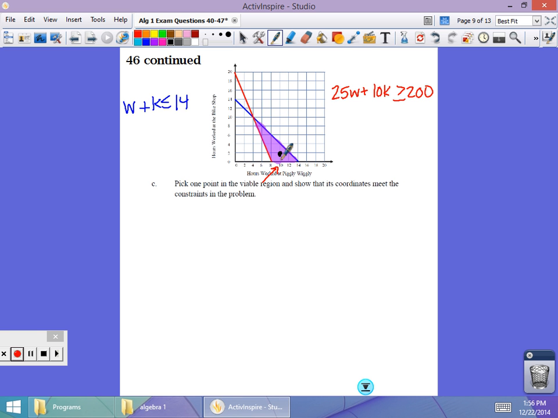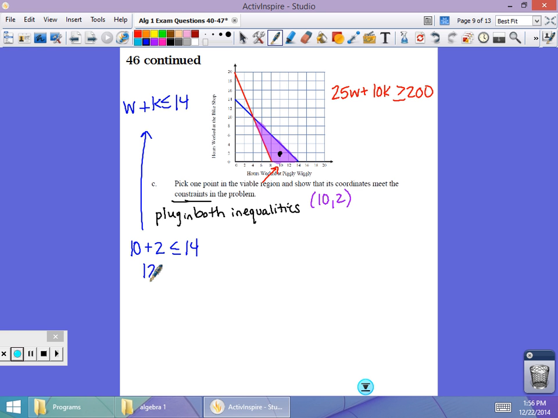If I want to meet both constraints, I need to plug it into both inequalities. I'll plug that into the W plus K inequality. 10 plus 2 is 12. 12 is less than or equal to 14.